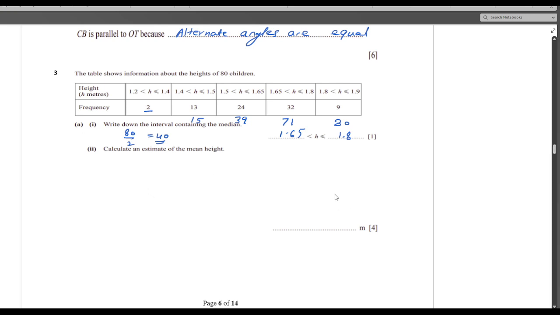Next question is to calculate an estimate of the mean height. For the mean height, I will first find the midpoint of 1.2 and 1.4, which is 1.3.